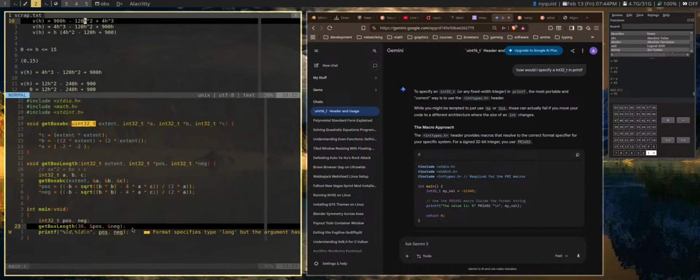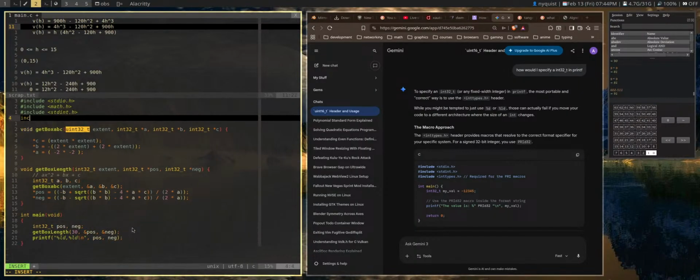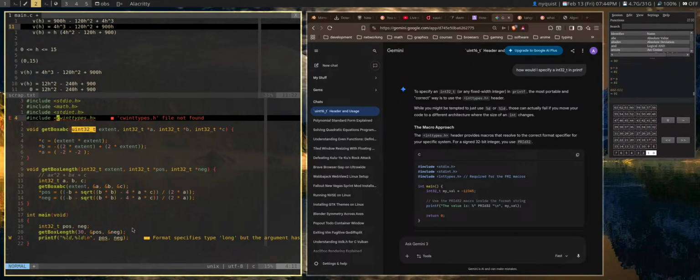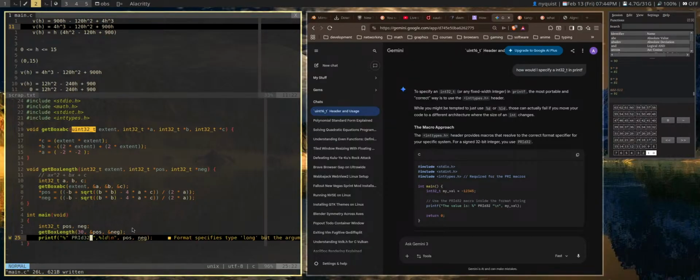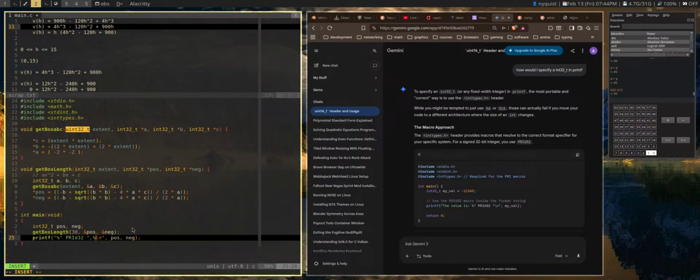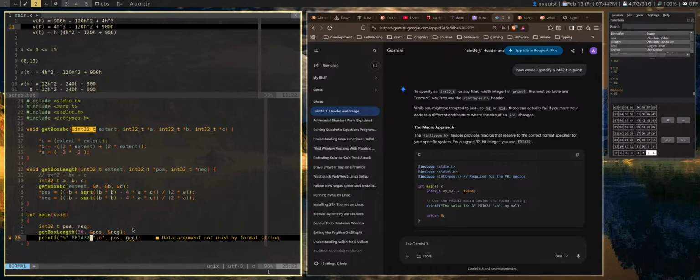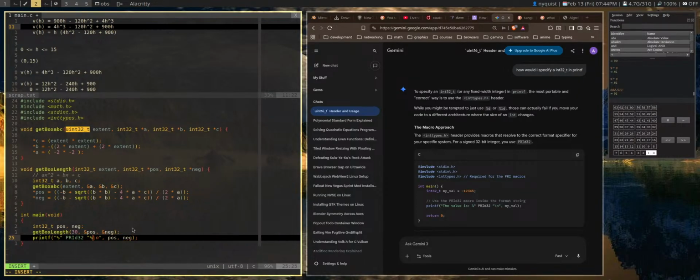Oh, you've got to use the inttypes thingies. Do I need inttypes? It's that madness. Percent PRId32. Percent PRId32.